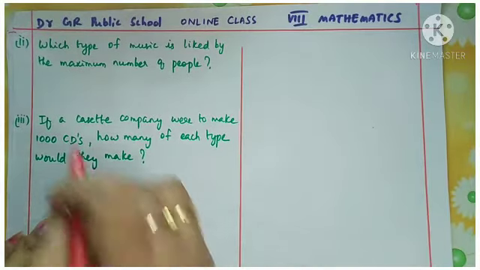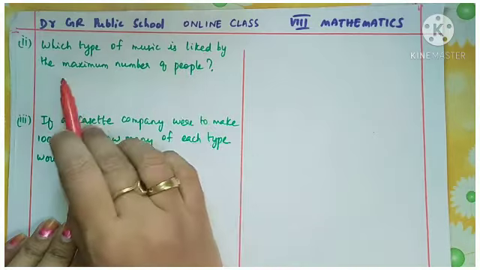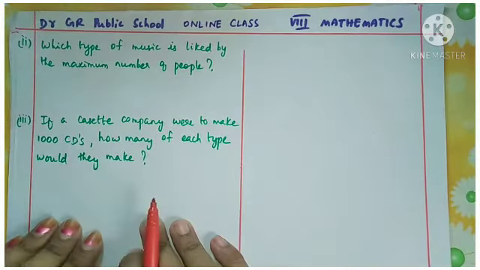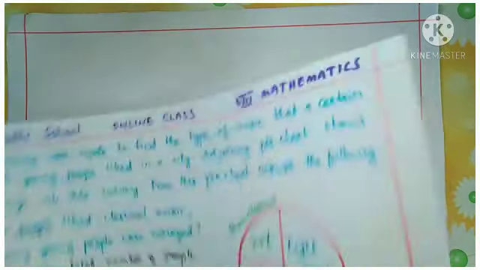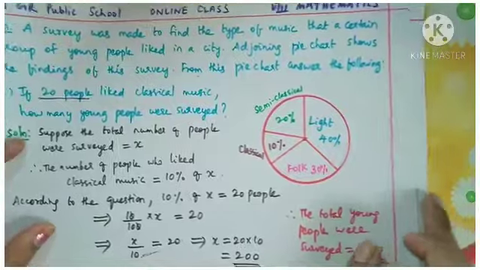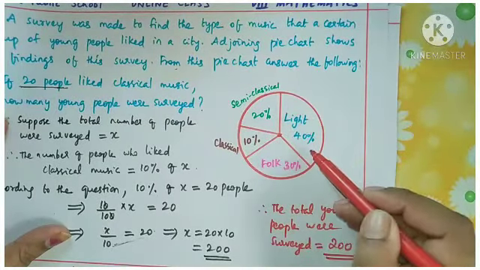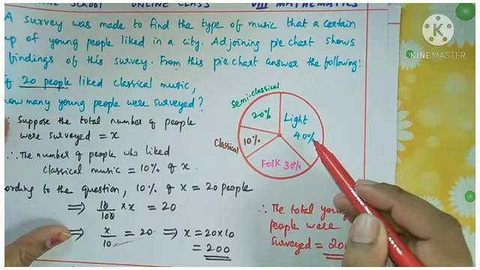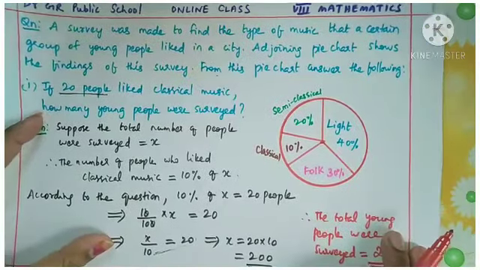Second question is, which type of music is liked by the maximum number of people? So you want to see the pie chart now. And what is given in the pie chart, children? In the pie chart it is given which percentage is more. For light music it is more, 40%. So this music is liked by the maximum number of people. That is very clear from the pie chart.